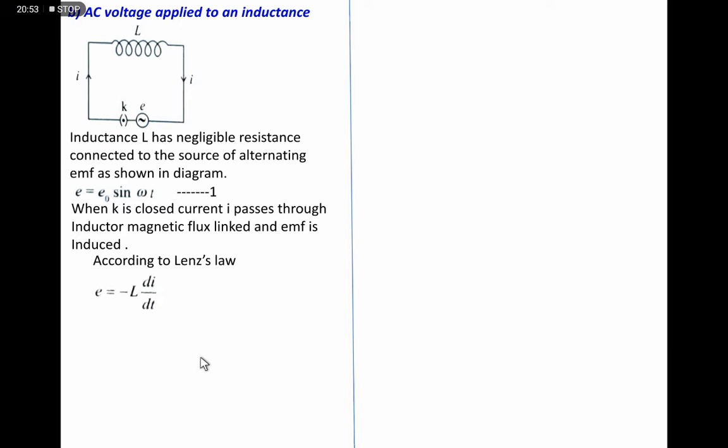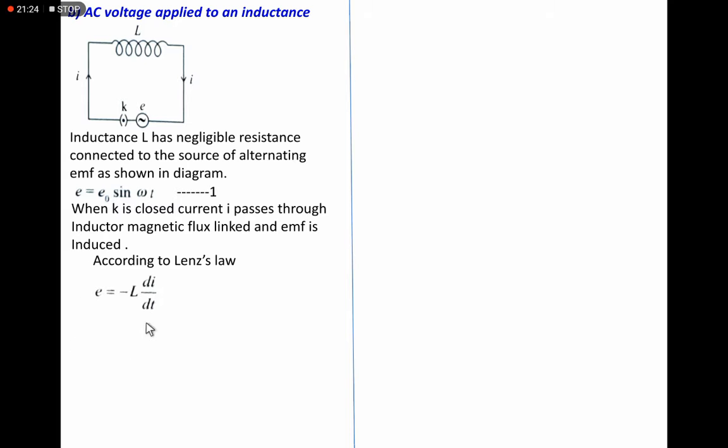It is very clear that EMF induced in the inductance coil opposes the current in the coil. Changing current in the coil means whatever the flux is changing in the inductance coil, it opposes the EMF induced in the coil. This happens in the same coil, therefore it is the self inductance.